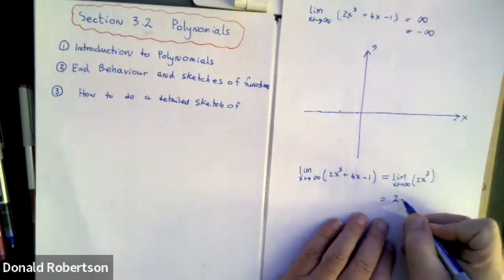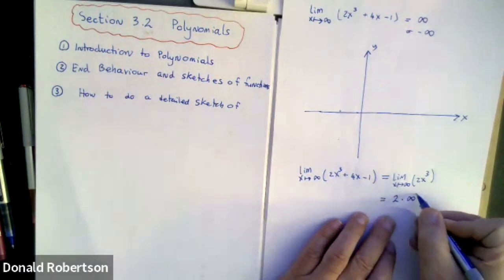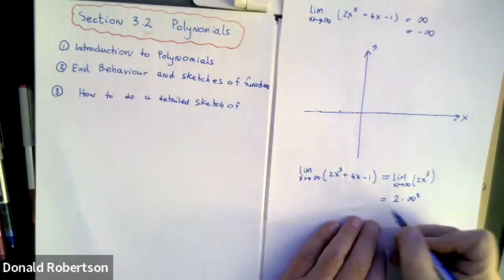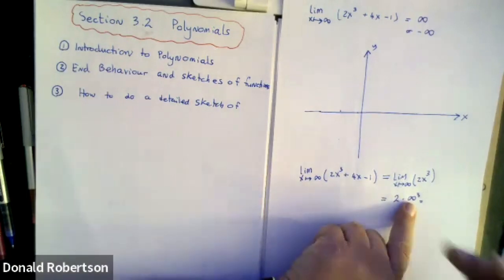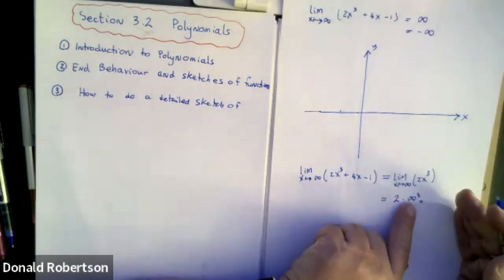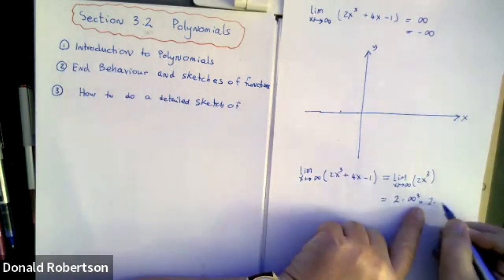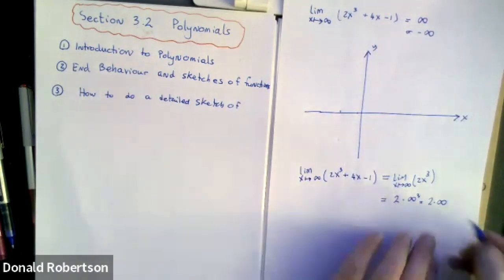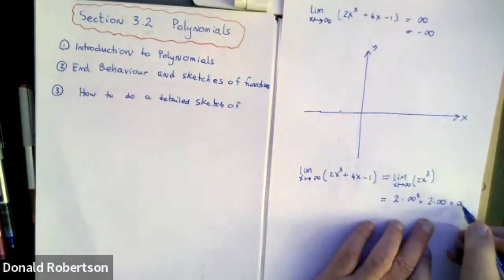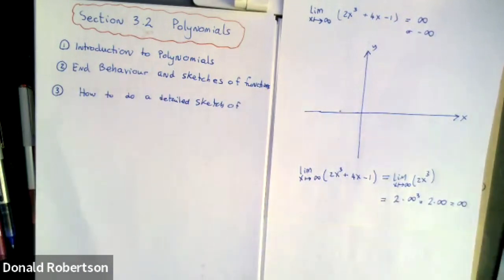So it's 2 times infinity cubed. Now, don't think of infinity like 5 or 45 or some number. Think of it as just a really infinitely big thing. So if you take an infinitely big thing and you multiply it by another one of them and you multiply it again, what you get is 2 times an infinitely large number. And if you double an infinitely large number, you still get a positive infinity.